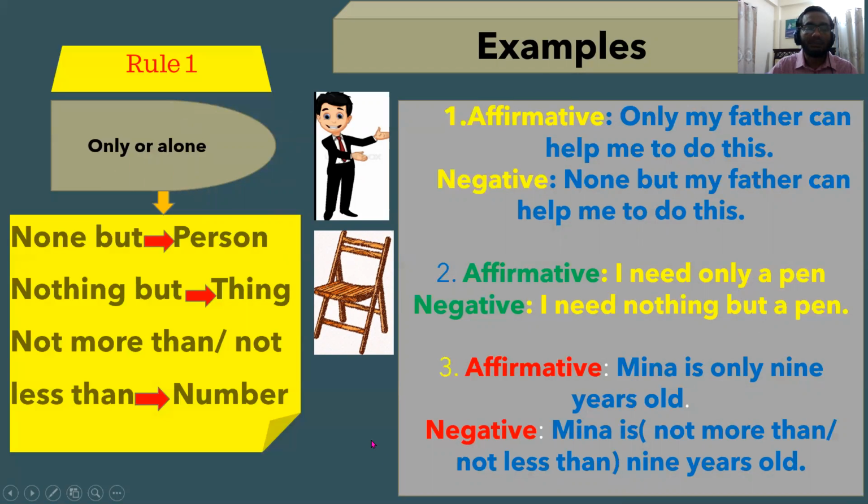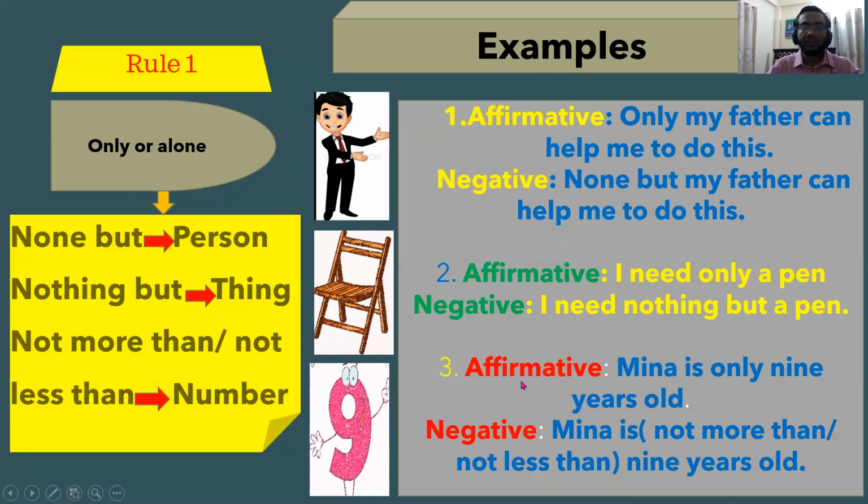Okay? Then come to number. You can see the example of number: affirmative, Mina is only 9 years old, and in negative form, Mina is not more than or not less than, use one of them, 9 years old. Can you understand?